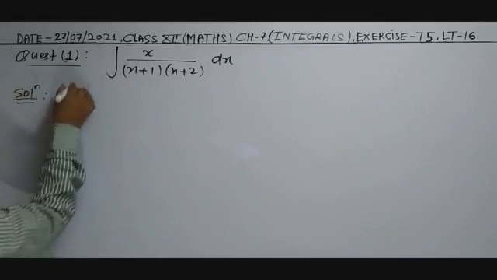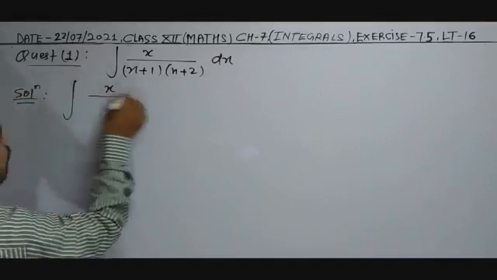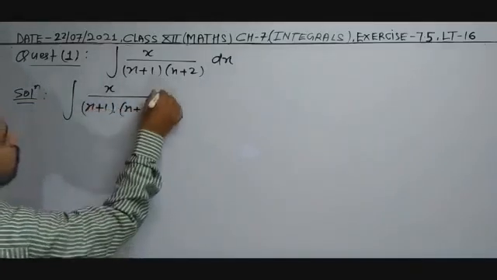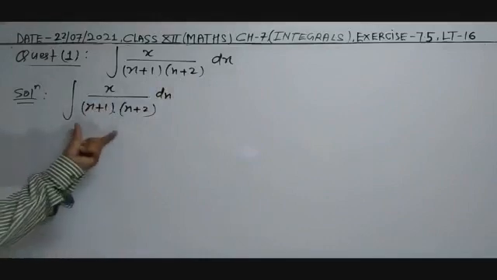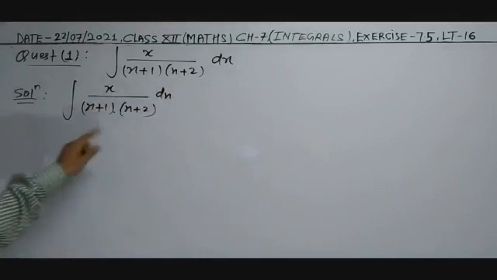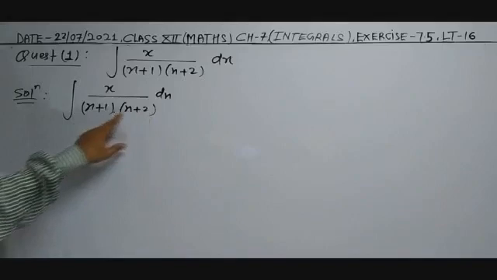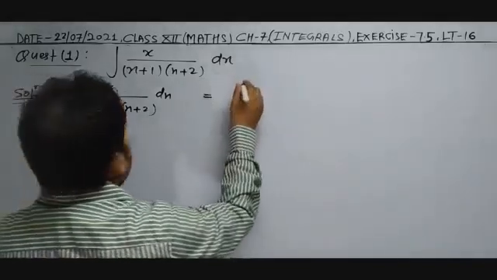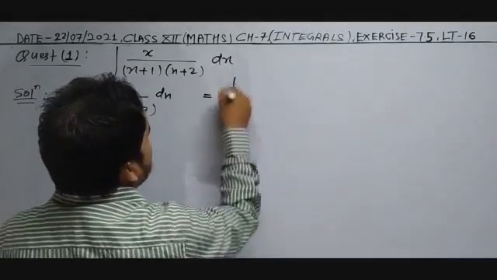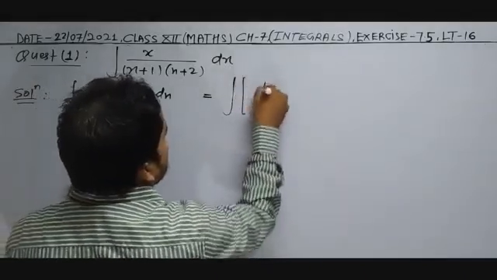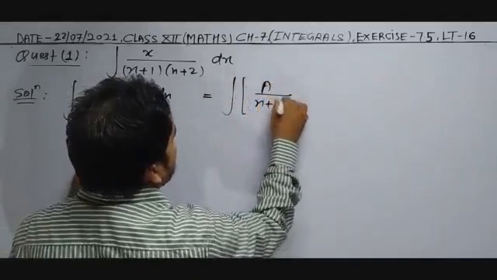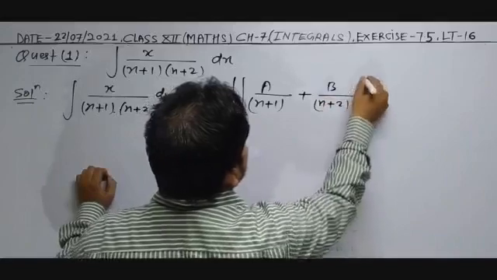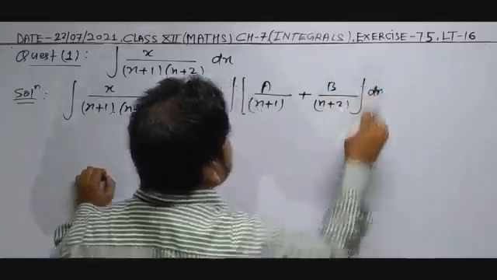The denominator is linear, so you will consider a constant in the numerator. So this fraction can be written as A upon x plus 1 plus B upon x plus 2.